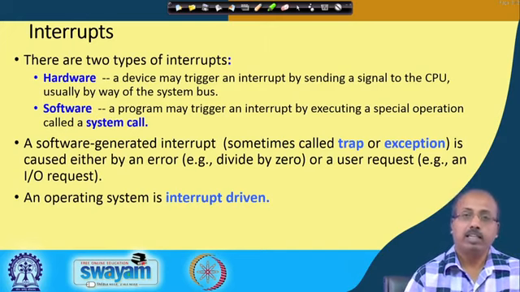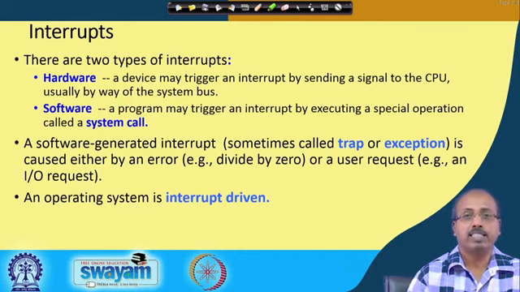But then the difficulty is that the response the user sees is not very deterministic. Sometimes, as soon as the key is pressed it is responded to, because the processor has checked the keyboard status very soon, or at some point the response is not that fast, because the processor was busy doing something else and checked the keyboard status after a long time.